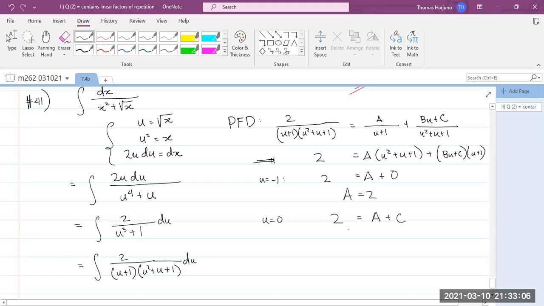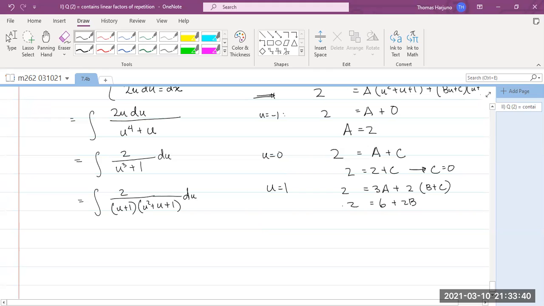Okay, then c equals 0. Am I okay? Let's do one more. How about when u equals 1? The a is 2, the c is 0. So b is -2.